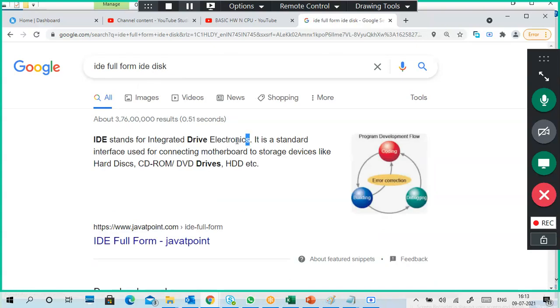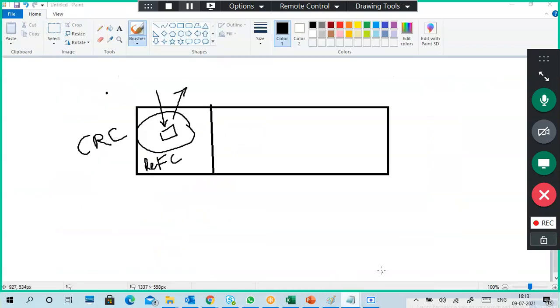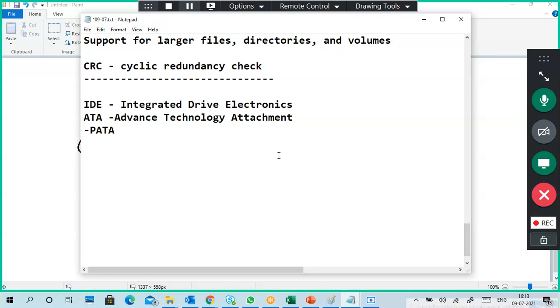Integrated Drive Electronics. What is this Integrated Drive Electronics? It is a simple one. It also looks like a PATA only, but in earlier days they created a drive interface with the 80 pin connection.